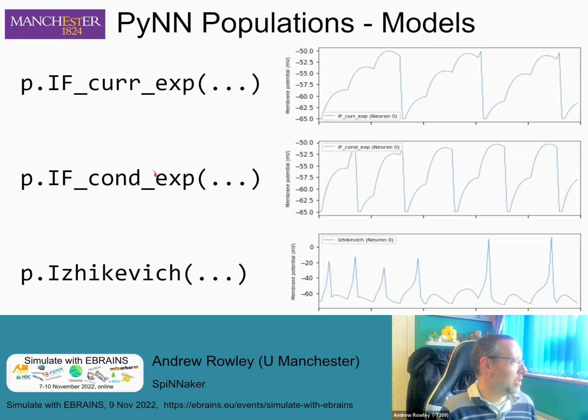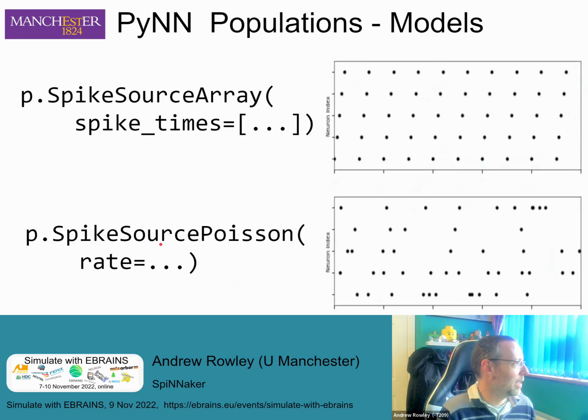There are also conductance neurons. They tend to require the higher precision to make them work properly. So if you are going to use conductance, I would advise using 0.1 millisecond time steps, but they are there to use. You can run them in real time and see what happens. Izhikevich is the same way, because they're a little bit more of a complex model, it is generally useful to use them at 0.1 milliseconds as well, but that is there as well.